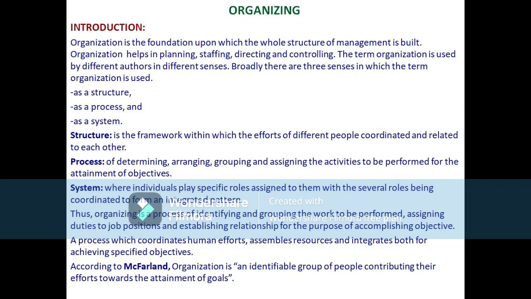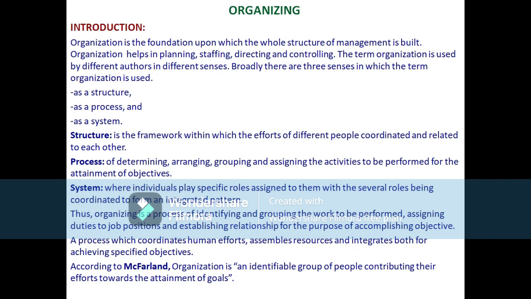So structure is a framework within which individuals or groups make efforts coordinatively and cooperatively, related to each other, in order to achieve the organizational goals.